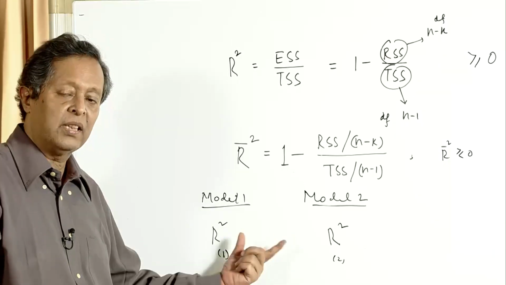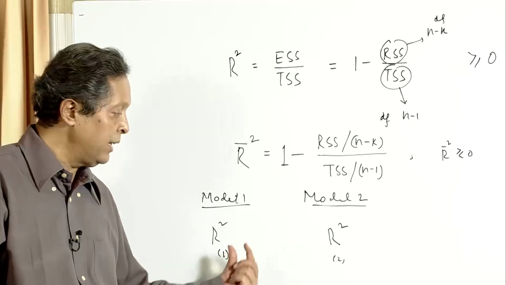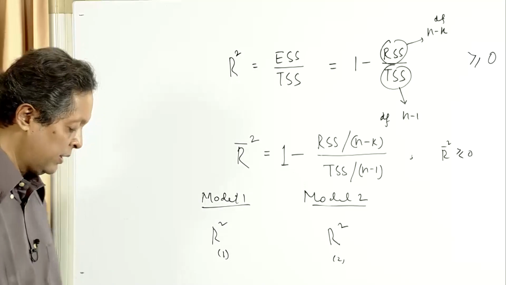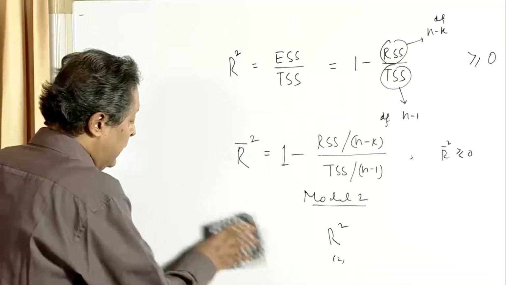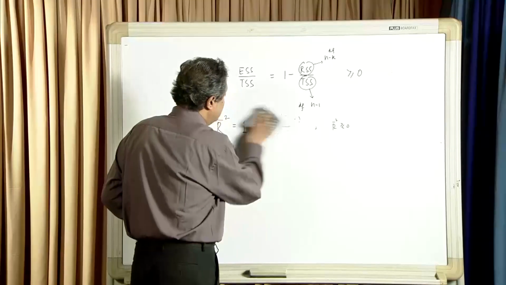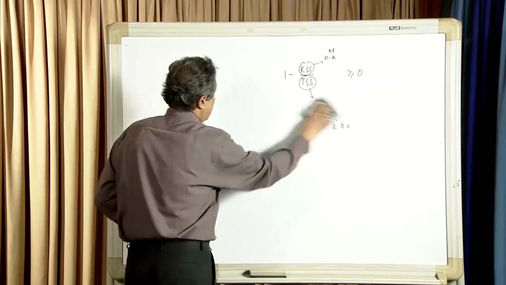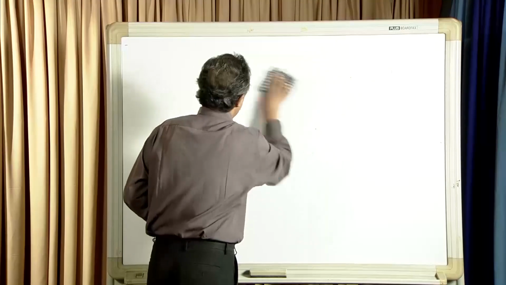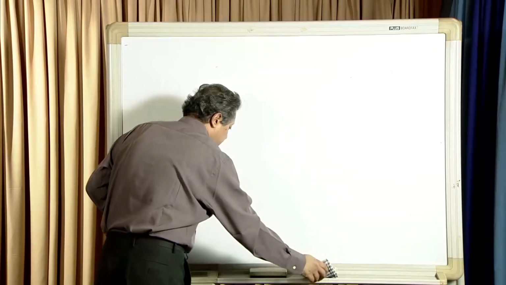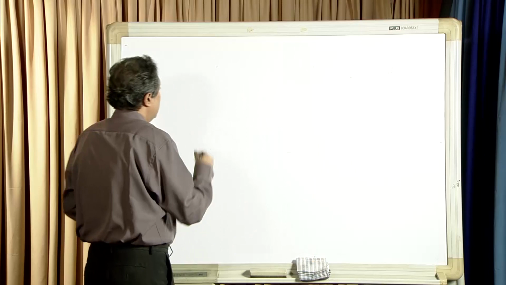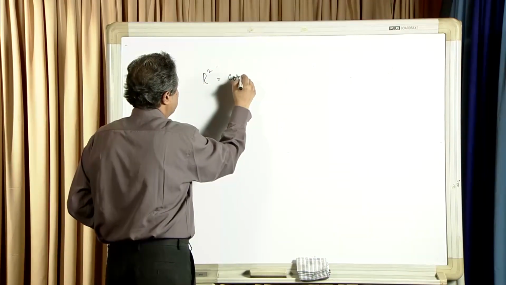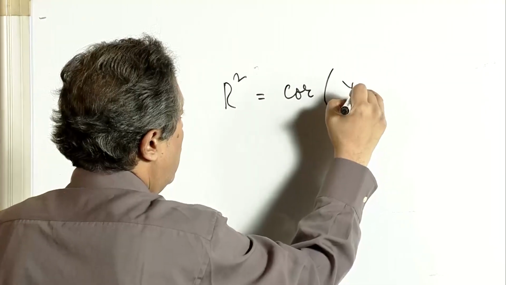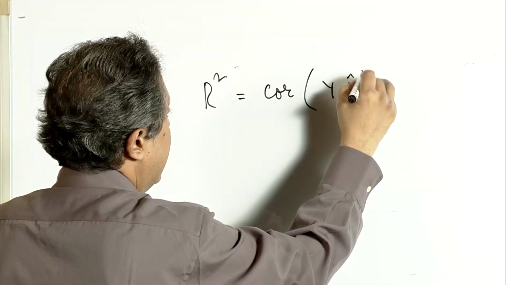Unless the y variables are the same, we cannot compare the two R squares. Reason is very simple. At a fundamental, conceptually illuminating level, we must understand that R square is nothing but the simple correlation between y and y hat.